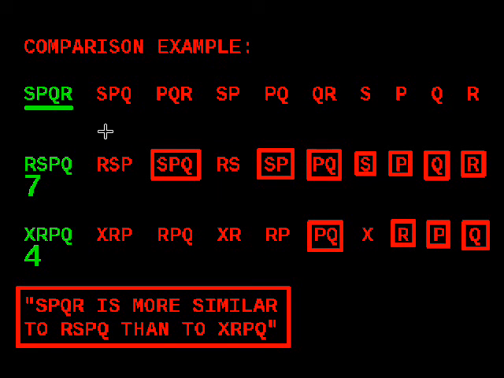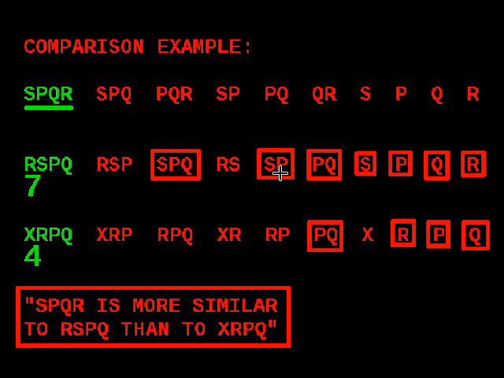Let us say you want to compare SPQR to the patterns of RSPQ and XRPQ. Then you may look at how many sub-patterns each of them has in common with the original pattern when you look at the fragmentation set. And RSPQ has 7 sub-patterns in common.